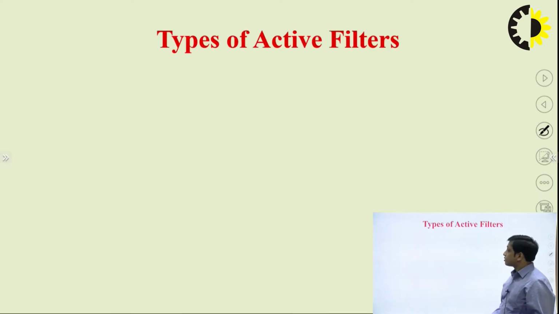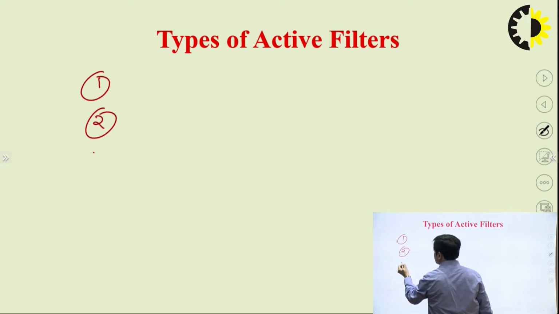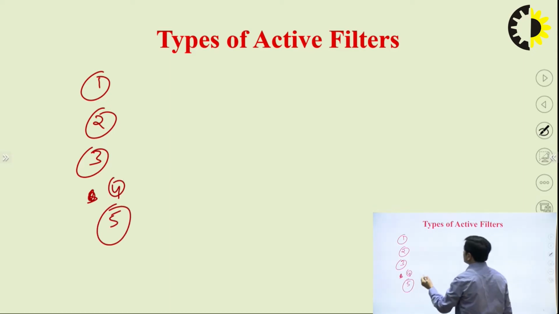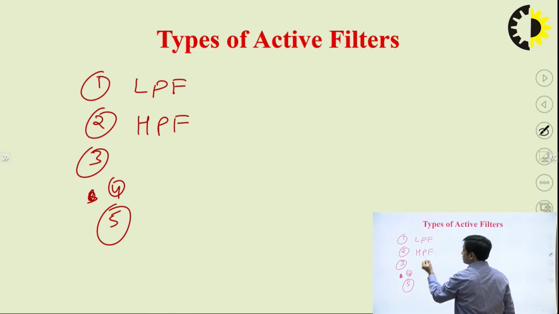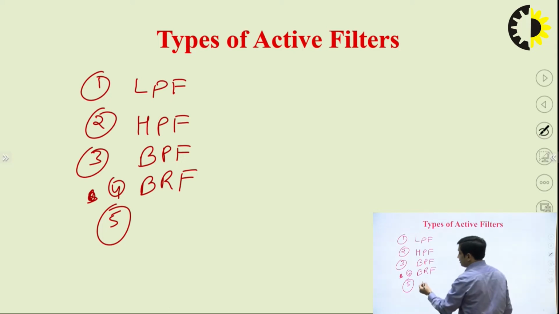Now next one is types of active filters. Band pass filter is one of the types of active filters. There are mainly 5 types of filters, and these 5 types of filters are: the first one is active low pass filter, the second one is active high pass filter, the third one is active band pass filter, the fourth one is active band reject filter, that is also called band elimination filter or band stop filter, and the fifth one is all pass filter.